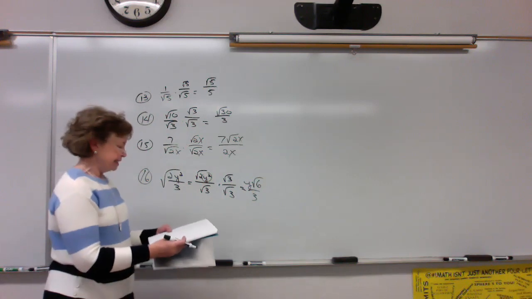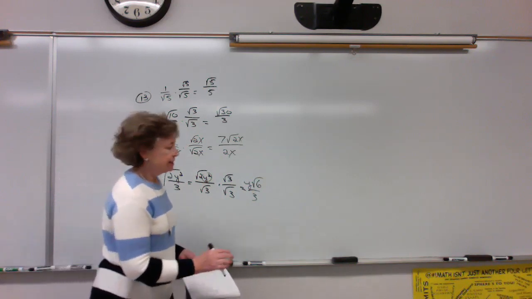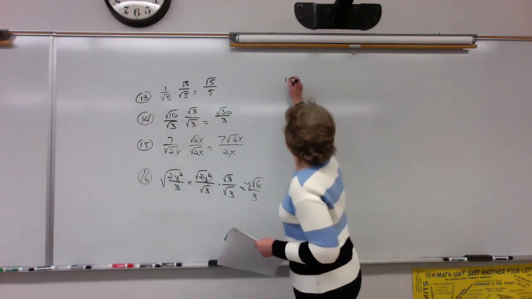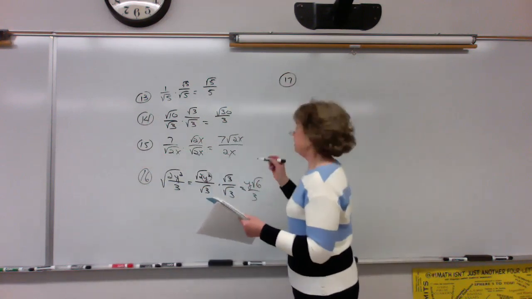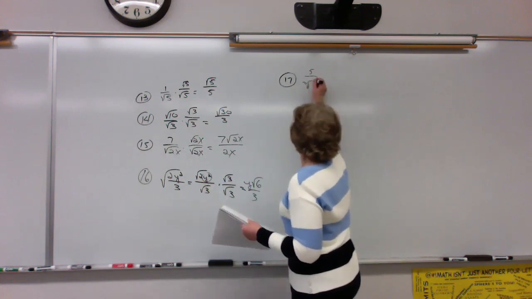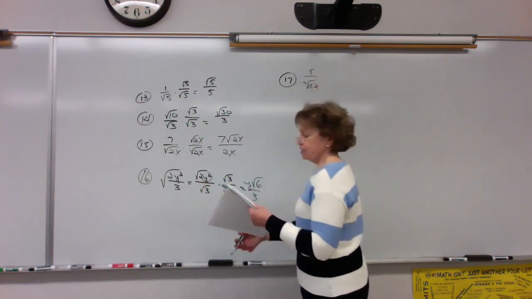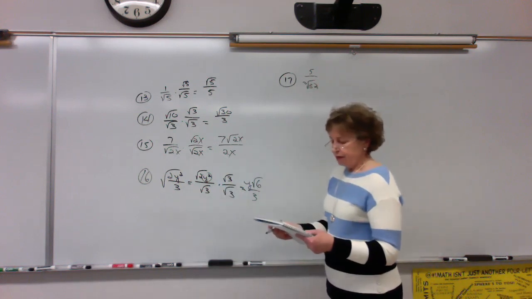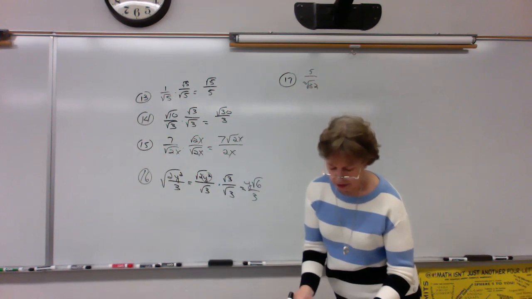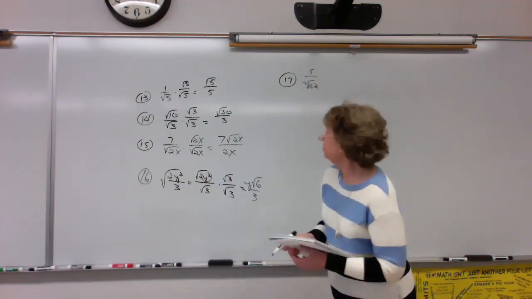That was number 16. If I'm looking at 17, I need to see how much can fit in the screen. But I'm looking at 17. That was 5 divided by the cube root of 32. Well, the cube root of 32.